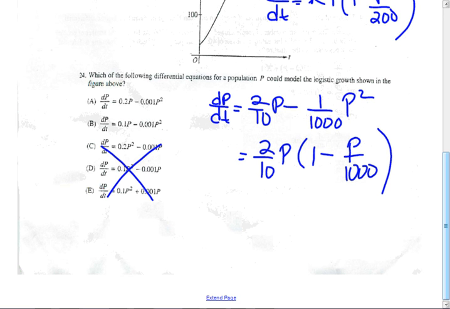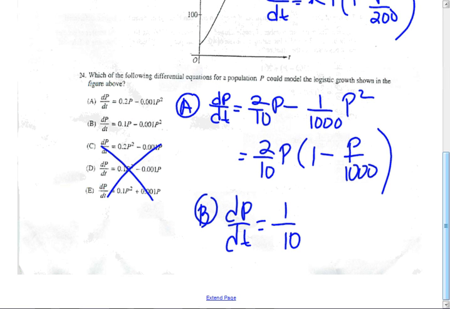I don't remember how I did it. No, I'm doing A. B would look like dP/dt is equal to 1 over 10.